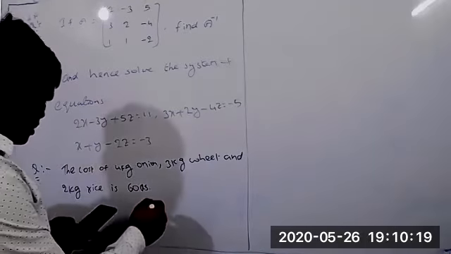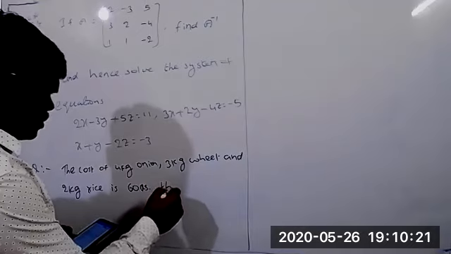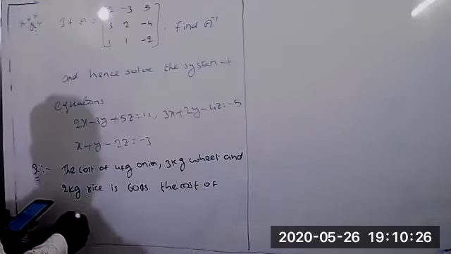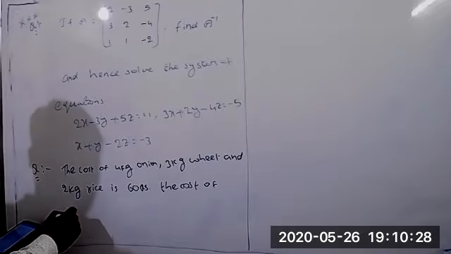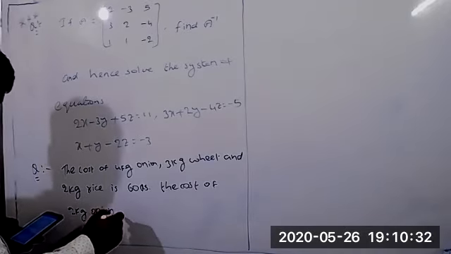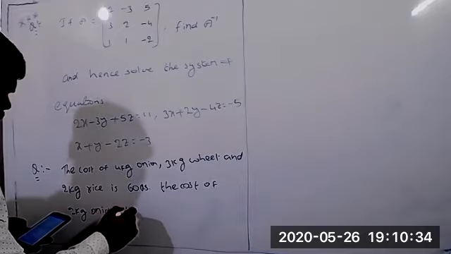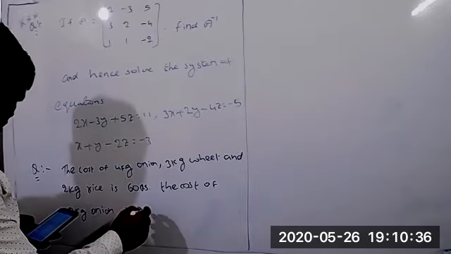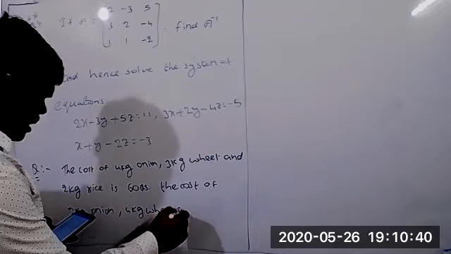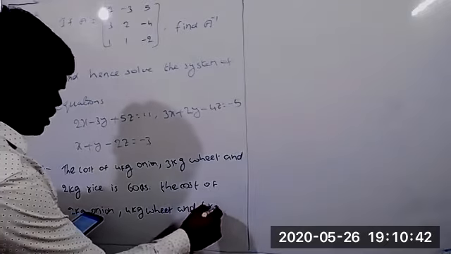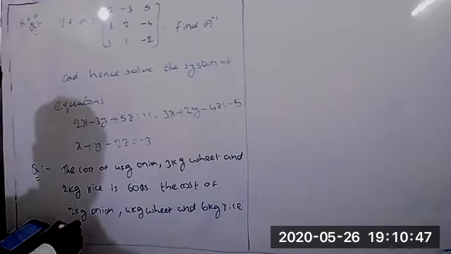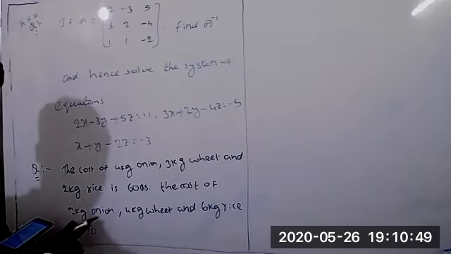Full stop. The cost of 2 kg onion, 4 kg wheat, and 6 kg rice is 90 rupees.